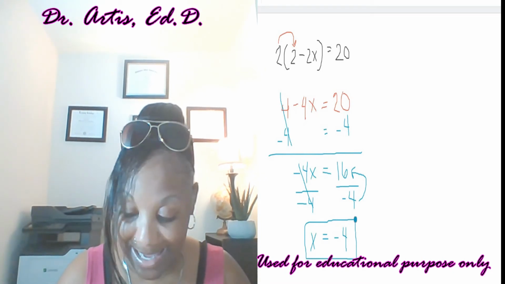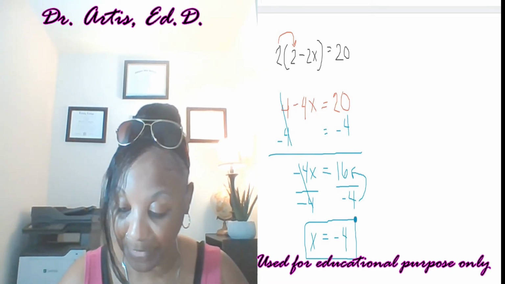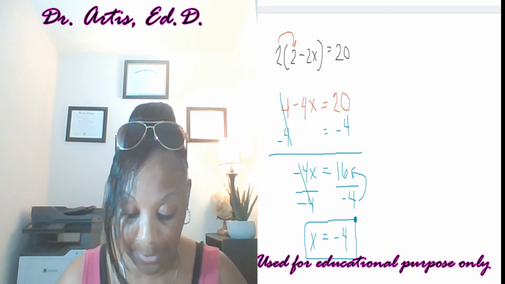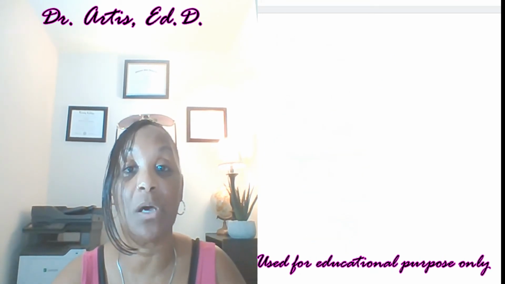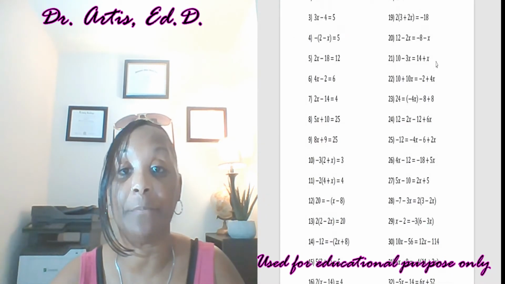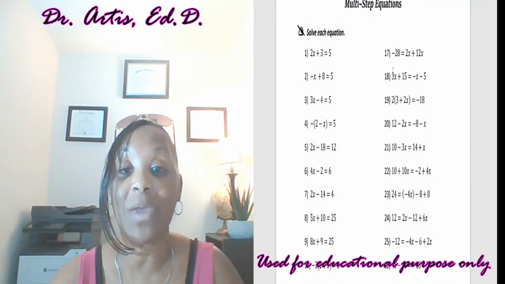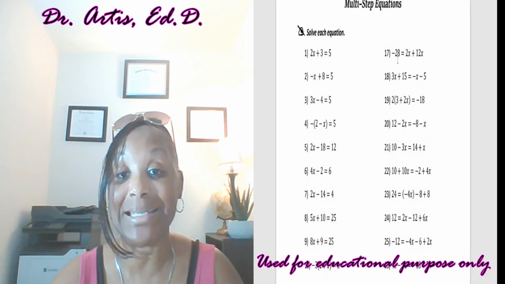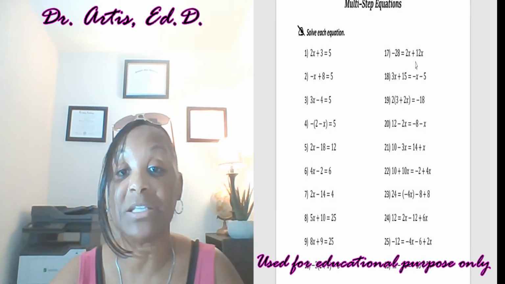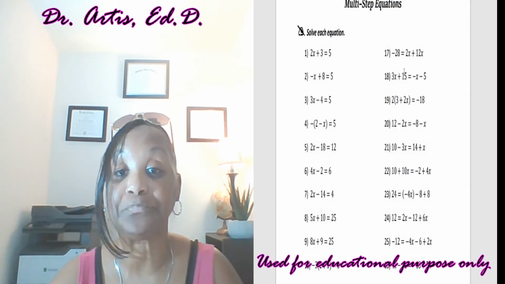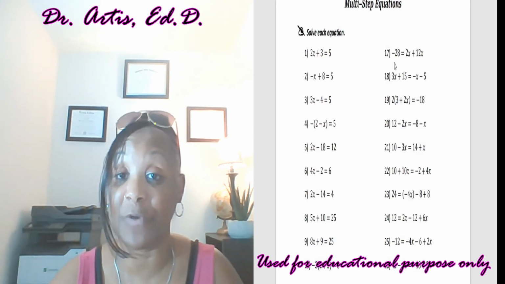Okay? So now let's look at another problem. We're going to look at problem number 17, because problem number 17 was also a challenging problem. All right? So here we have -28 equals 2x plus 12x. Now, the reason I want to look at this particular problem is that it's sort of written in the reverse, okay?